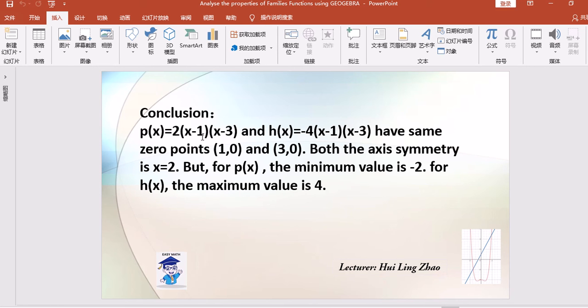And the second one, the factored form, p(x) equal 2 times (x minus 1) times (x minus 3), and h(x) equal -4 times (x minus 1) times (x minus 3), have the same zero points, 1, 0 and 3, 0. Both axes of symmetry are x equal 2, but they have different vertex points. For p(x), the minimum value is -2. For h(x), the maximum value is 4.